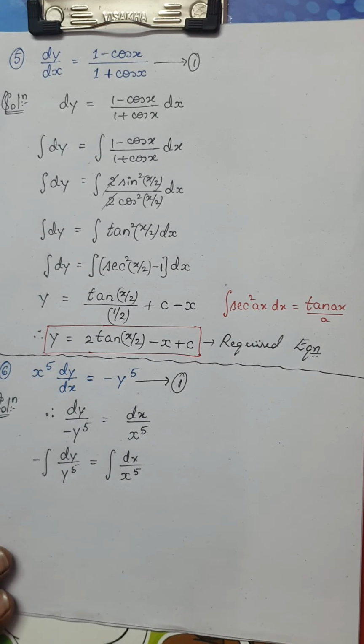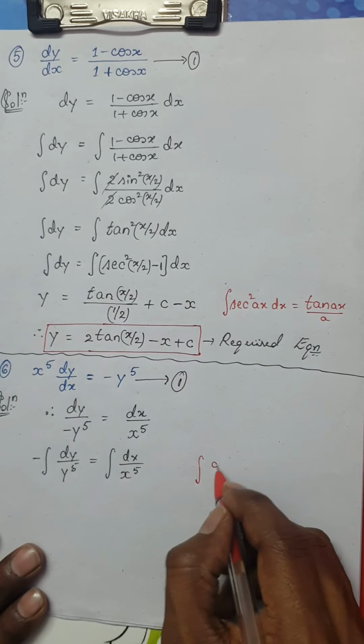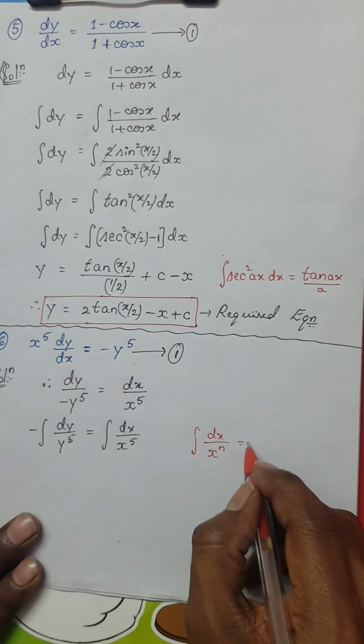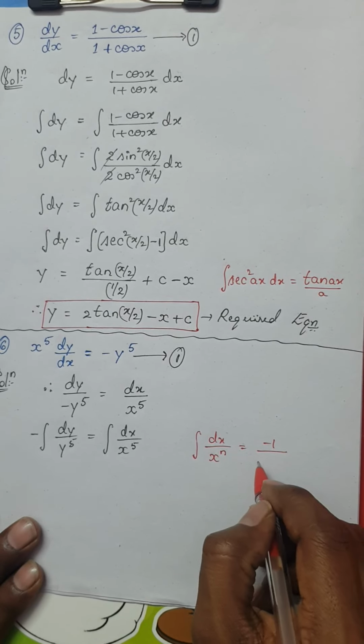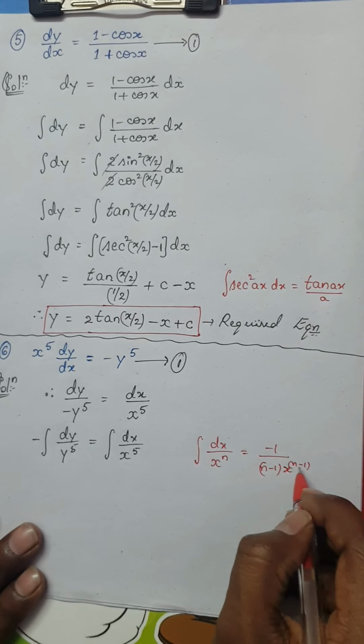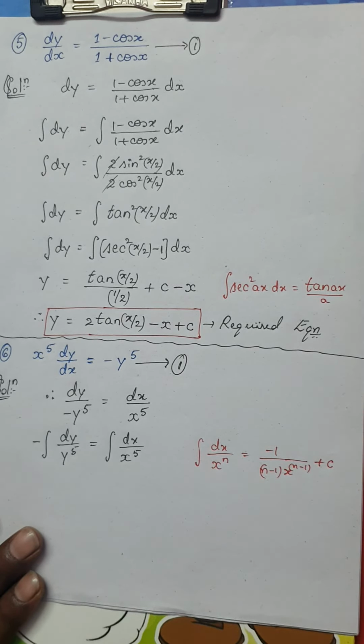Okay, now I hope again all you need is the formulas of integrals. So the integral of 1 by x power n, if you remember, is nothing but minus 1 divided by n minus 1 into x power n minus 1, plus c, the constant of integration.